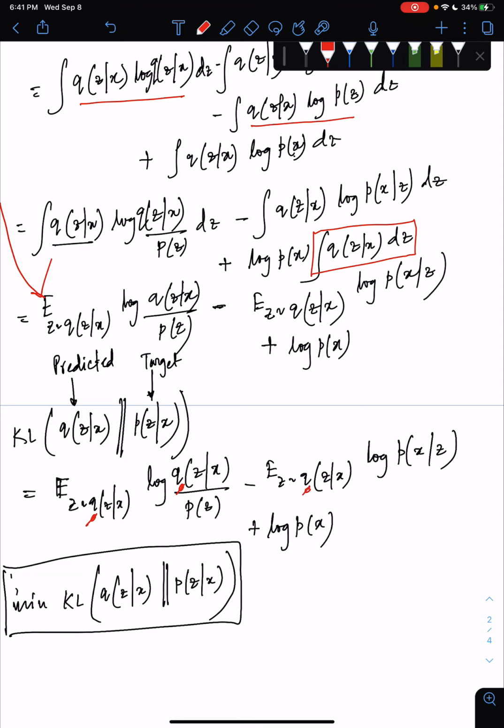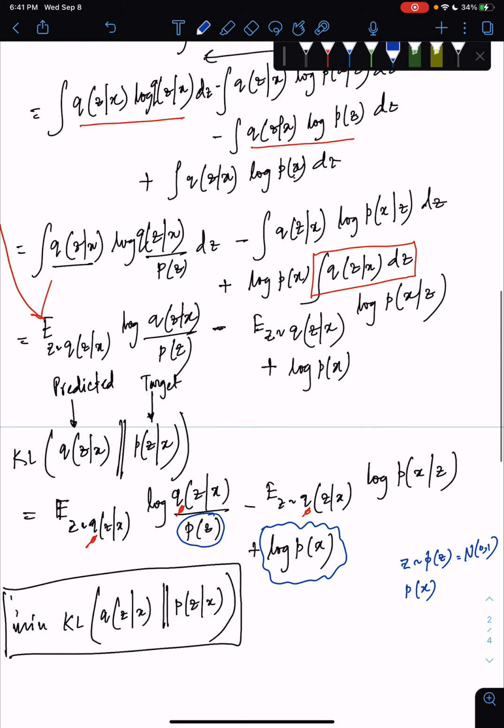Generally these z's are sampled from a probability distribution, which is ideally a standard normal distribution, so this is also known. Okay, this p of x is again intractable. We cannot calculate this, but this is an observed distribution.